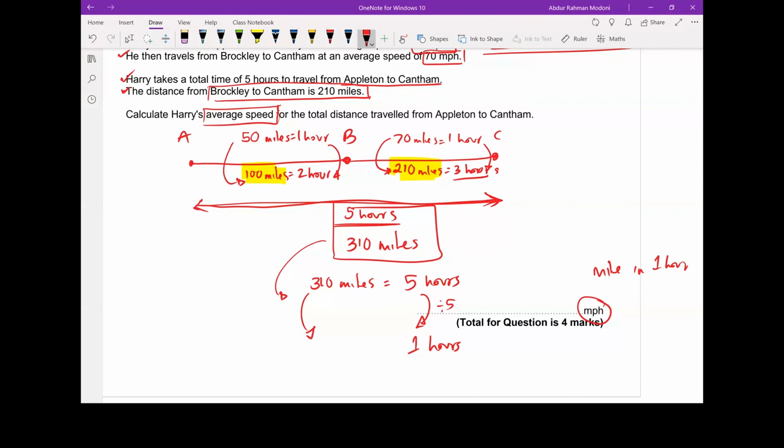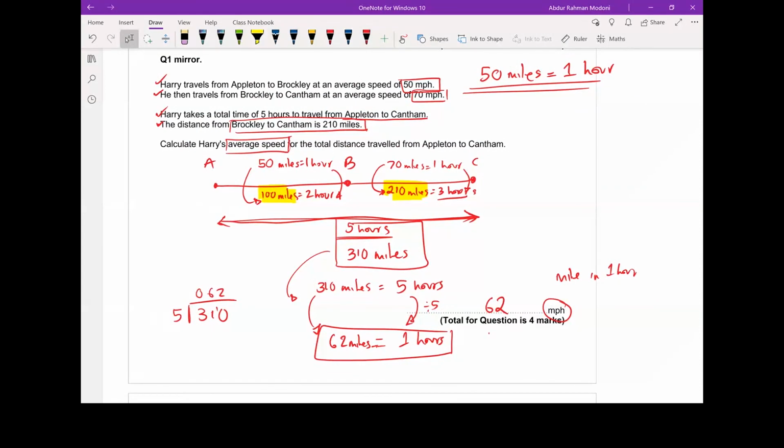So 310 divided by 5, if it's non-calculator, go and do your bus stop division. 5 into 3 is 0, 5 into 31, 6 times, carry the 1, 5 into 10 twice. So it goes into it 62 times. So 62 miles is covered in 1 hour. So the speed is 62 miles per hour. Okay, so that's how we would tackle that question, again using multiplicative reasoning.